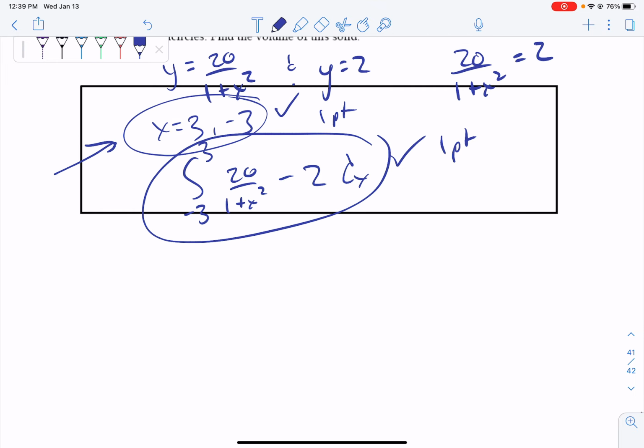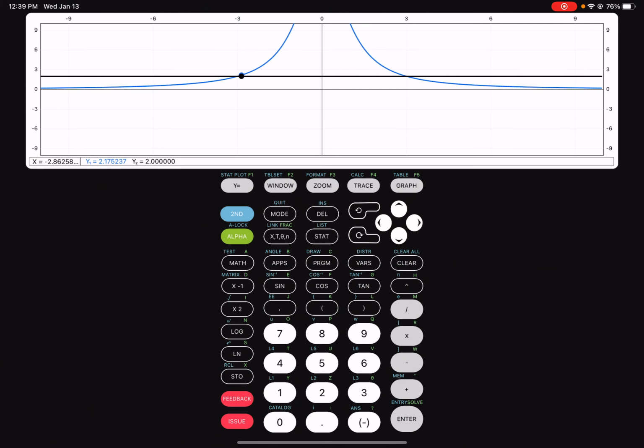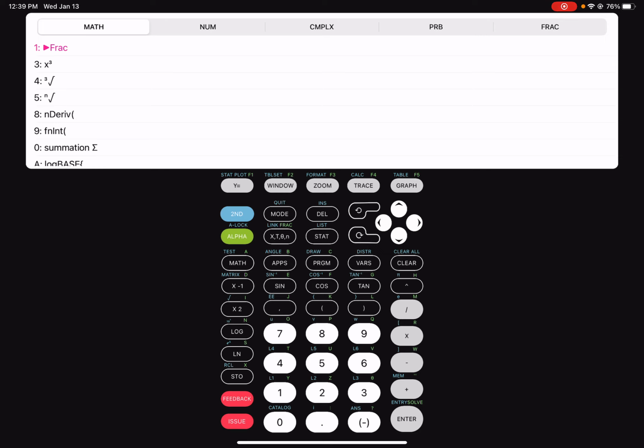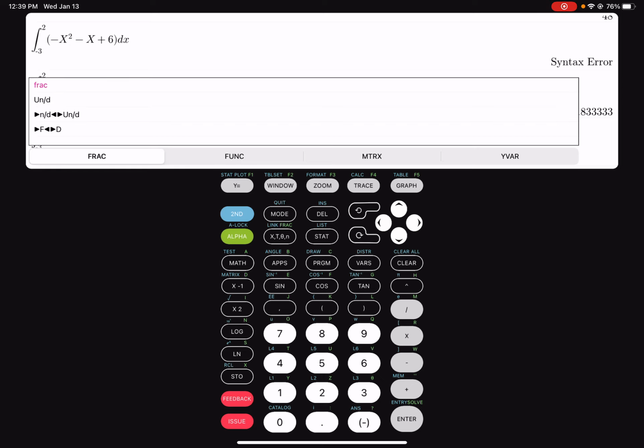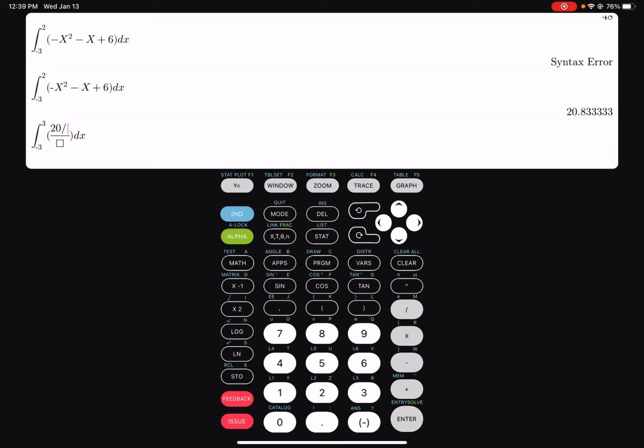So I'm going to go ahead and plug that in my calculator. Go back to the main screen. Math, integrate, we're going from negative 3 to 3. And I've got 20 divided by 1 plus x squared, and then I'm going to minus 2.